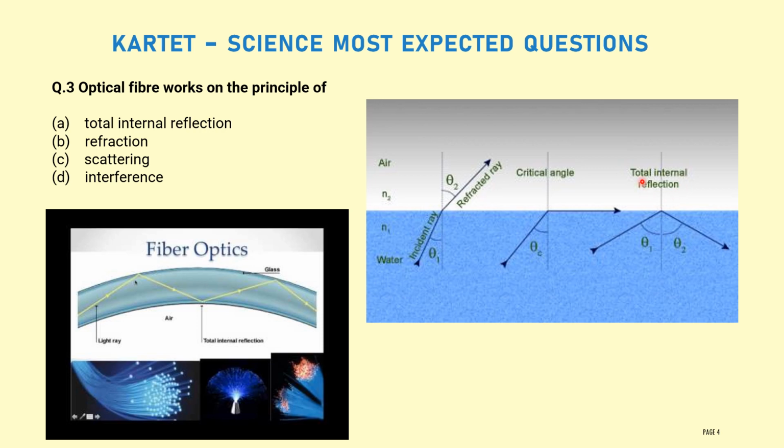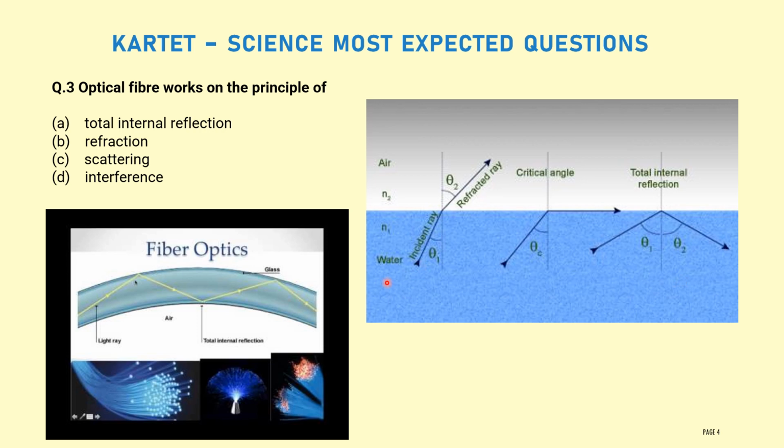Once again, listen here: total internal reflection means if the angle of incidence is more than the critical angle, then instead of refraction it gets reflected within the same medium. That we call total internal reflection.